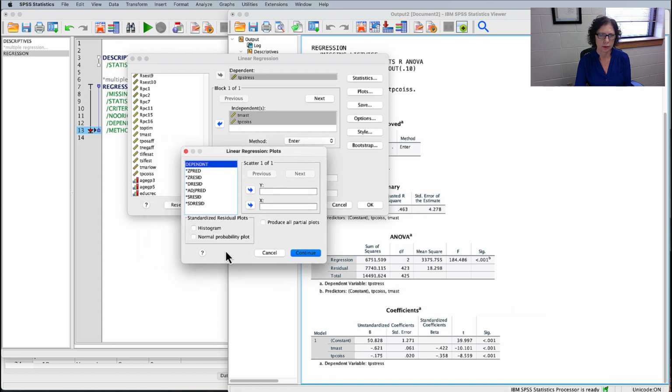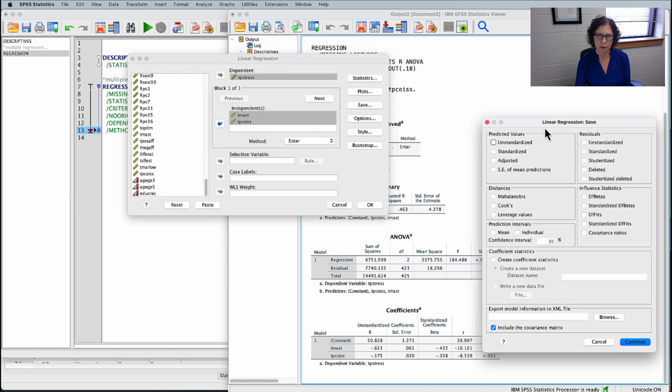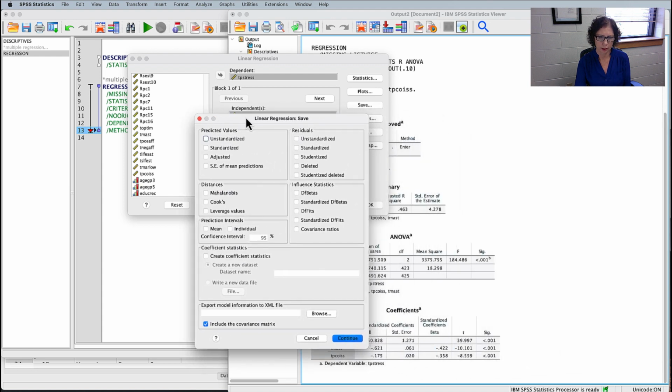And here, down in the standardized residual plots, select both the histogram and the normal probability plots. And we're good there. In the save area, we're going to want the predicted unstandardized and the residuals unstandardized and the Cook's in the distances area.